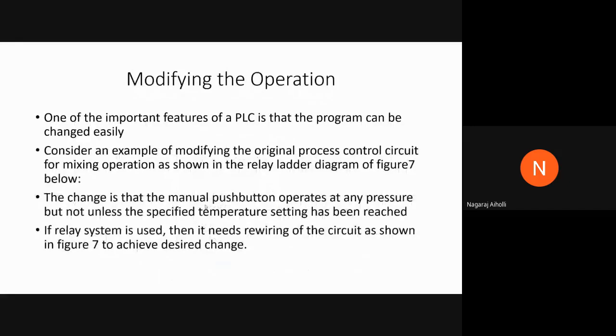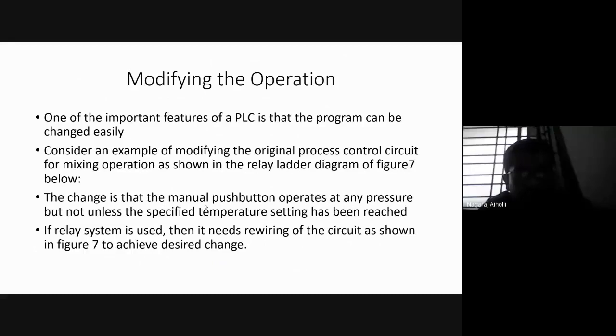One of the main features of PLC is that the program can be changed easily. With the PLCs we can just change the ladder instructions, and that will give us the required program.